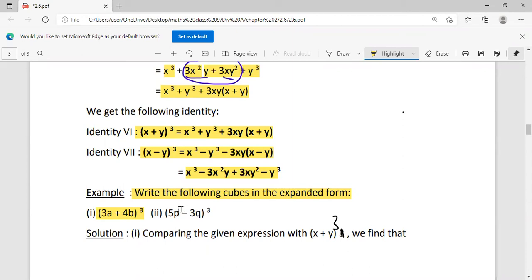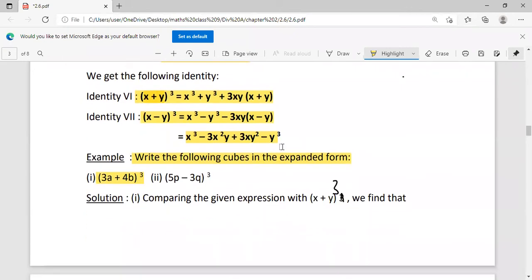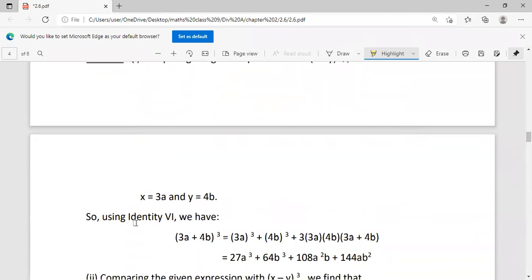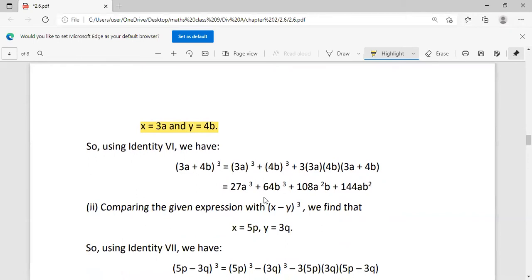Yes, the value of y is equal to 4b. We are just substituting 3a and 4b instead of x and y. That's the only difference.